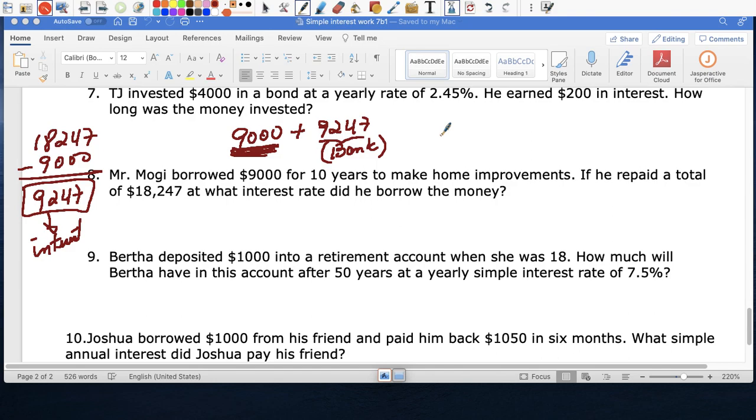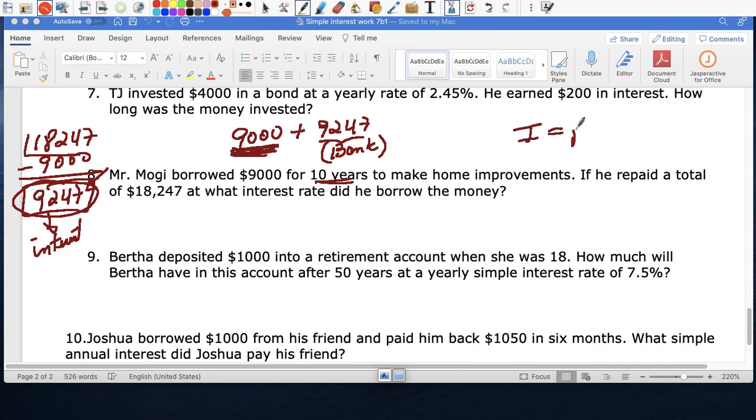Well, there's good and bad in that. We look at it and say, oh my God, he paid so much in interest to the bank. Yes, but he paid it over 10 years, a little bit every month. So at least it gives him the opportunity to make the home improvements, right?